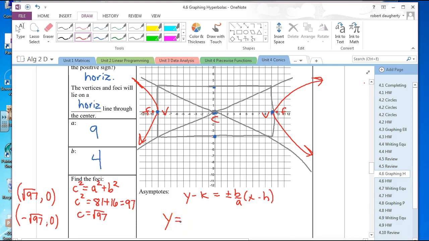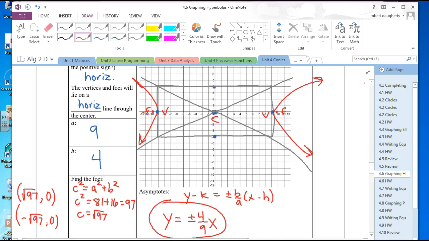K is 0. So y is equal to plus or minus, what's b over a? So this is what, 4/9? And then what is h? H is 0. Okay? So those are the equations of the two asymptotes. Y is equal to plus or minus 4/9 x.